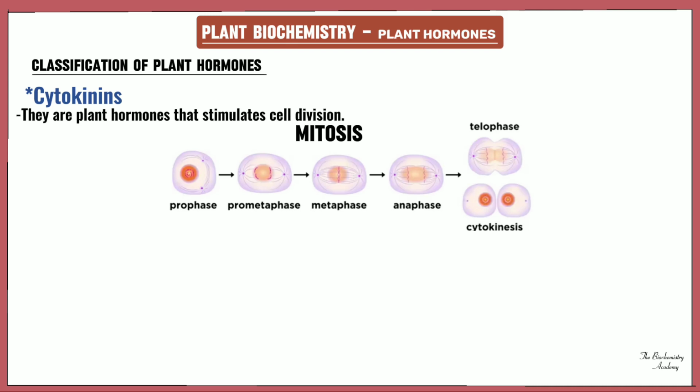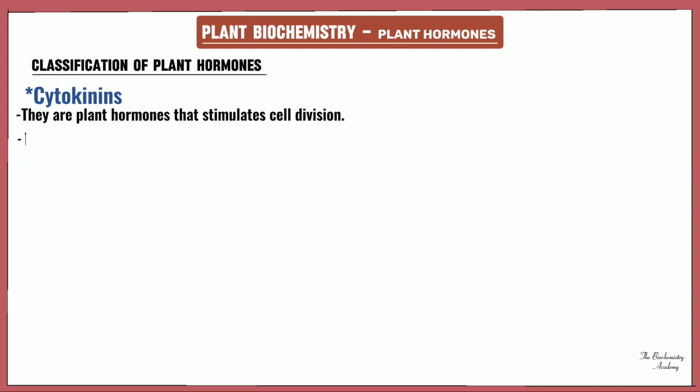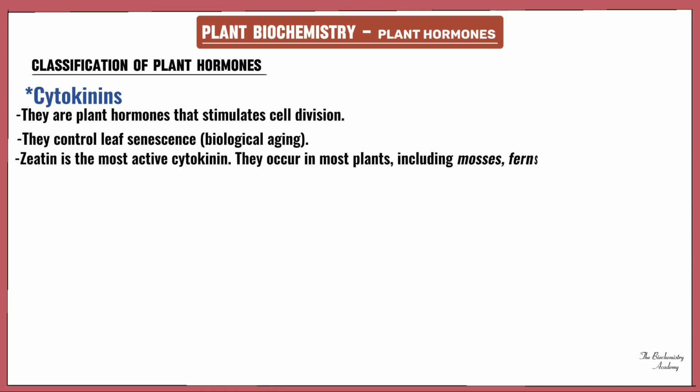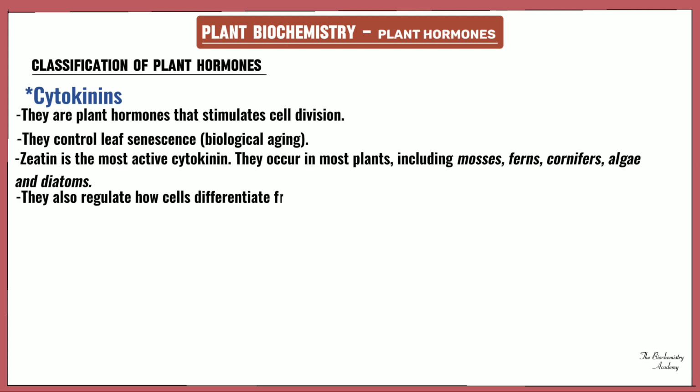Now they are also involved in controlling leaf senescence, which is the biological aging of the leaves. Now, the most active cytokinin is zeatin. They occur in most plants, including mosses, ferns, conifers, algae, and diatoms. The cytokinins also regulate how cells differentiate from the meristem.